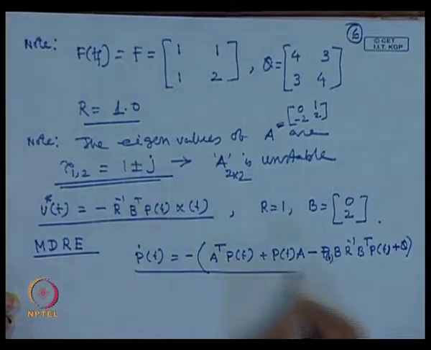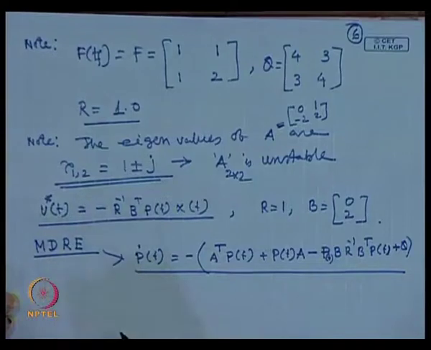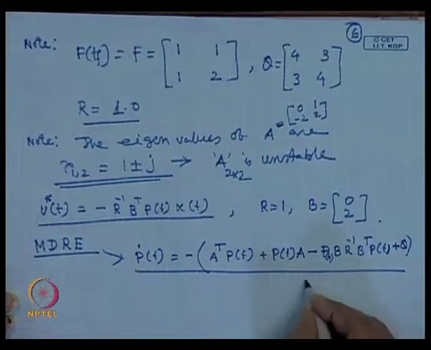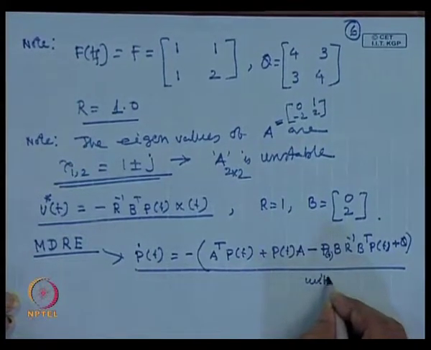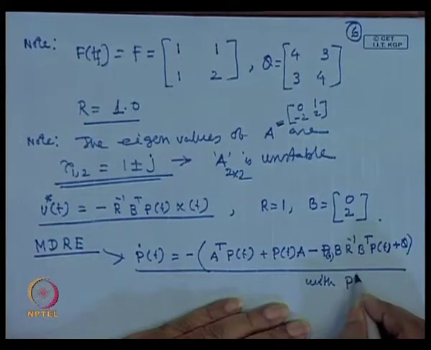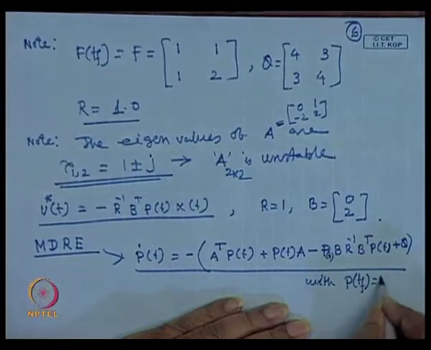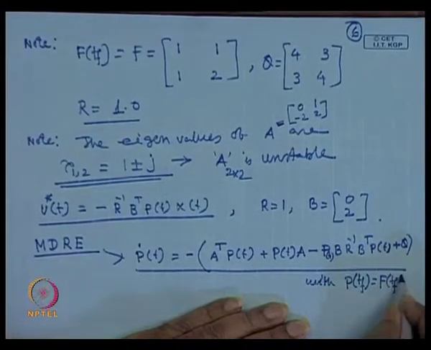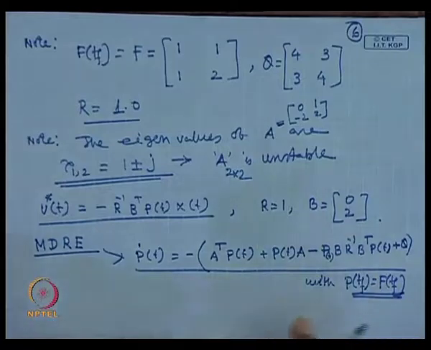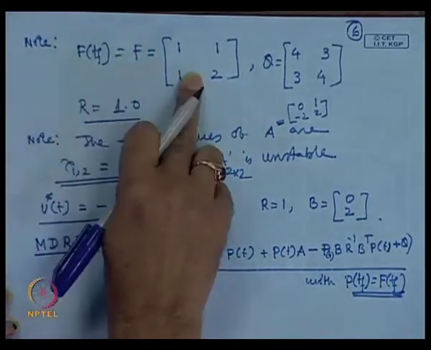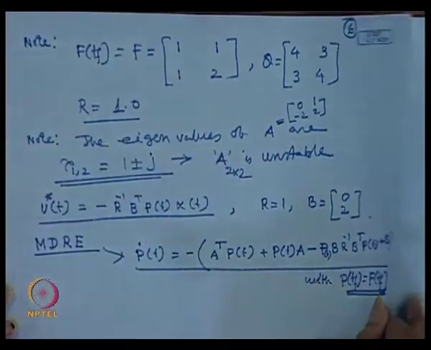This is the dynamic matrix Riccati equation. This you have to solve with the knowledge P of T f equal to F of T f. So, this value we know from here, F is this one. So, let us see how to solve this equation.